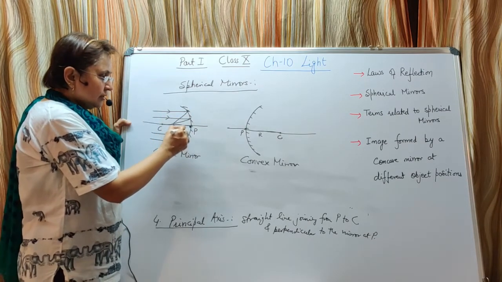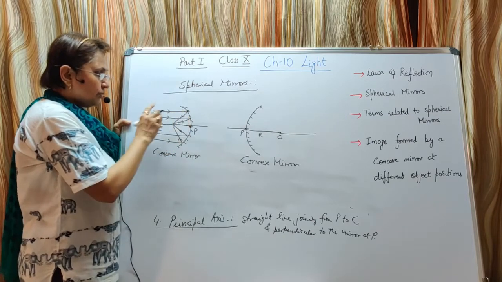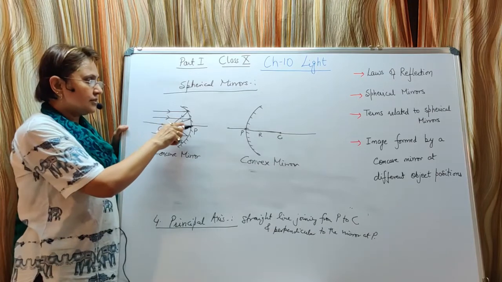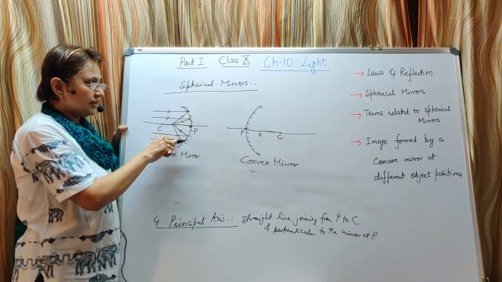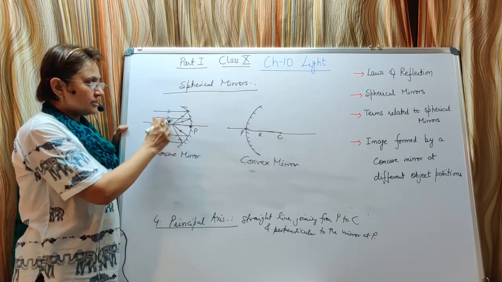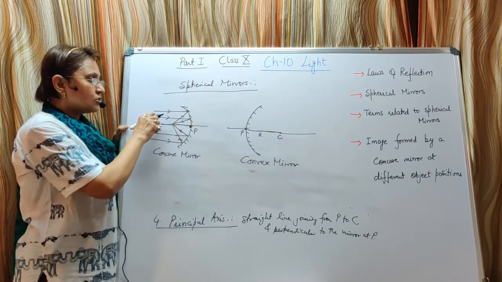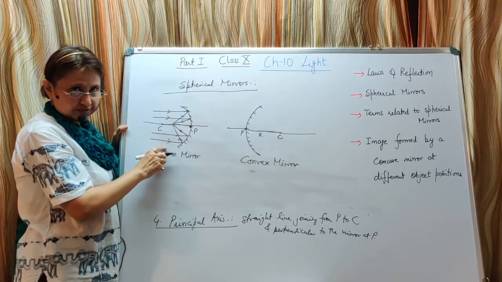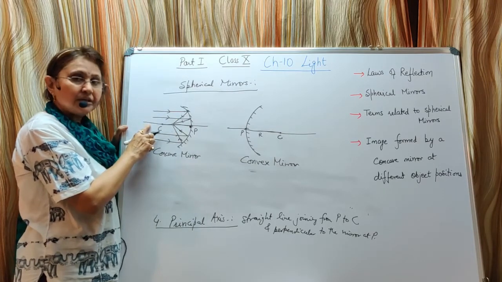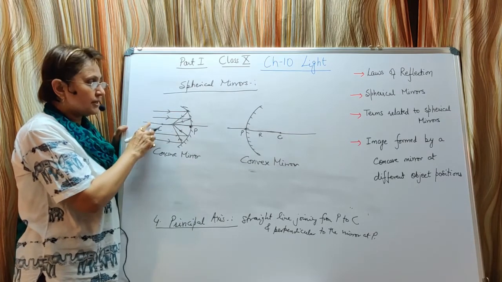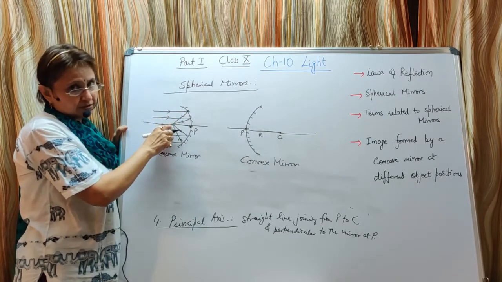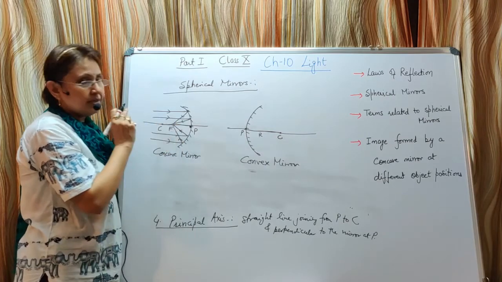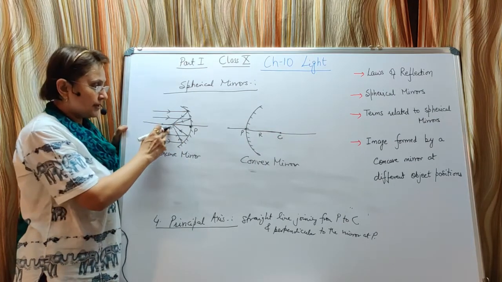Here the arrows are very important: they show the direction of the incident rays, and after reflection, these arrows represent the reflected rays. So a parallel beam of incident light, parallel to the principal axis, after reflection actually meets at a point on the principal axis.